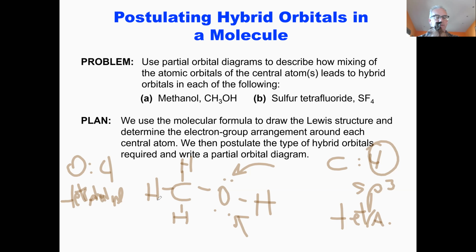We've got 4 groups. sp3. Exactly, just the same as the carbon. So the shape around the carbon and the shape around the oxygen are basically going to be the same. They're both in the tetrahedral orientation, although around the carbon it's going to look like a tetrahedron, and around the oxygen it's going to look bent.